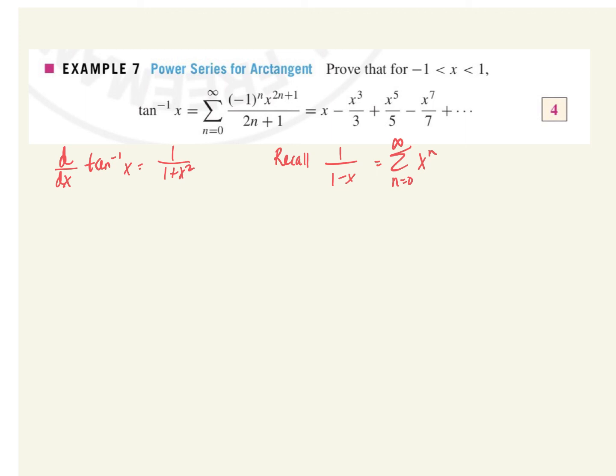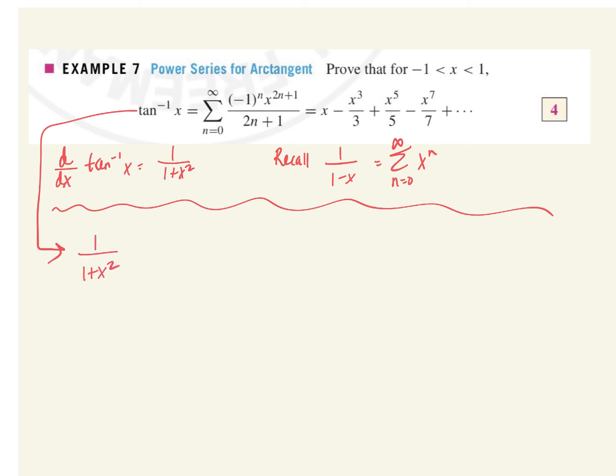So if I derive this tan inverse, if I derive what I started with, then I would have this 1 over 1 plus x squared, because that's the derivative of tan inverse, equals the summation from 0 to infinity.